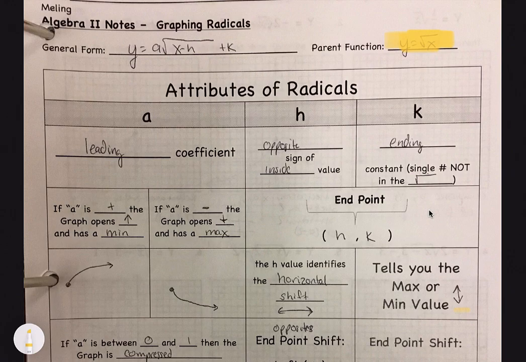And so just like before, with all these other functions, a is our leading coefficient, h is the opposite sign of the inside value, and k is the ending constant. It's the single number that's not inside the square root symbol.